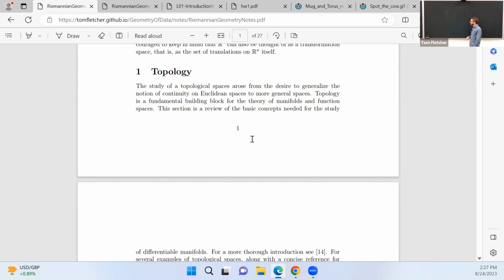First of all, let me make another definition, or really just terminology. Elements of a topology T are called open sets.